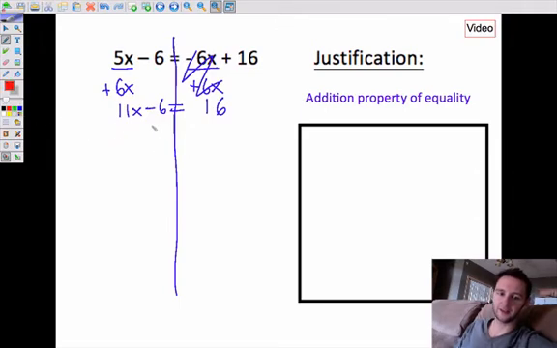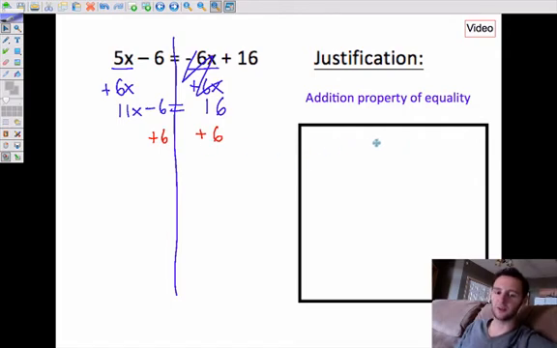The next step would be to get rid of this minus 6 right here. So I would have to add 6 here, and then if I add 6 here, I also have to add 6 here. And exactly the same as what I just did, I added just a constant 6.